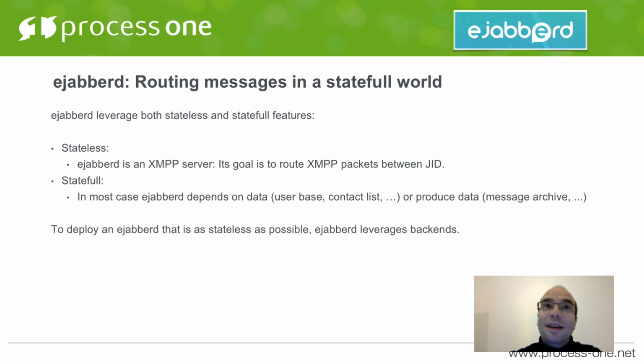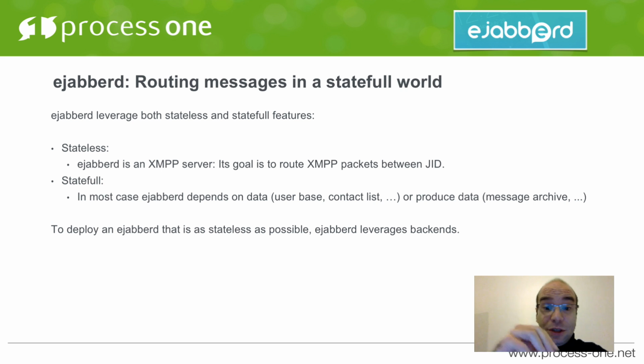You depend on the list of persistent group chats, of chat rooms, when you connect, so that users can join them, know they exist, and so that ejabberd can know which room belongs to whom, and so on. So this part is stateful. Ejabberd relies on data, and ejabberd produces data as well.